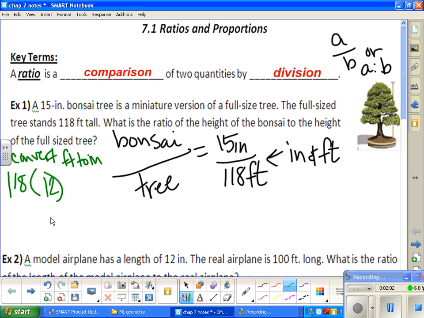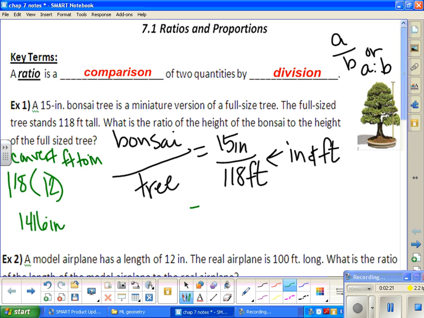Once we multiply that, we end up with 1,416 inches. So 118 feet is equivalent to 1,416 inches. So you must convert feet to inches.